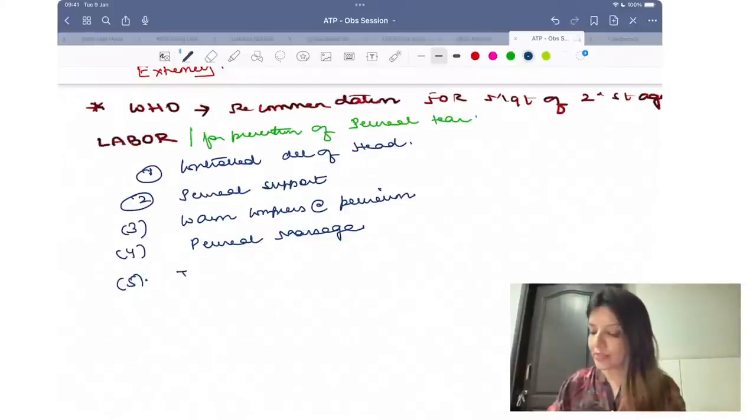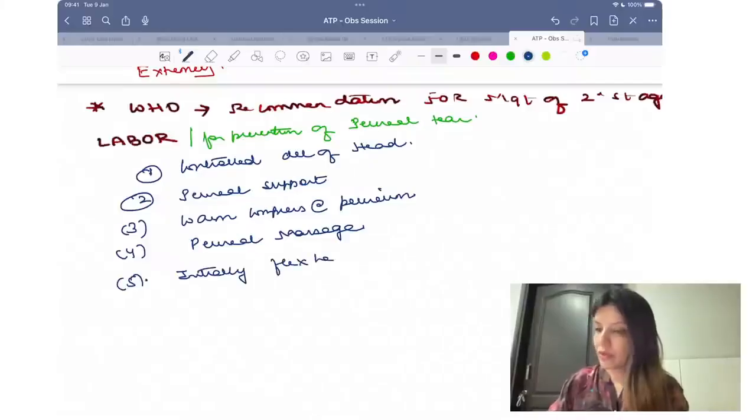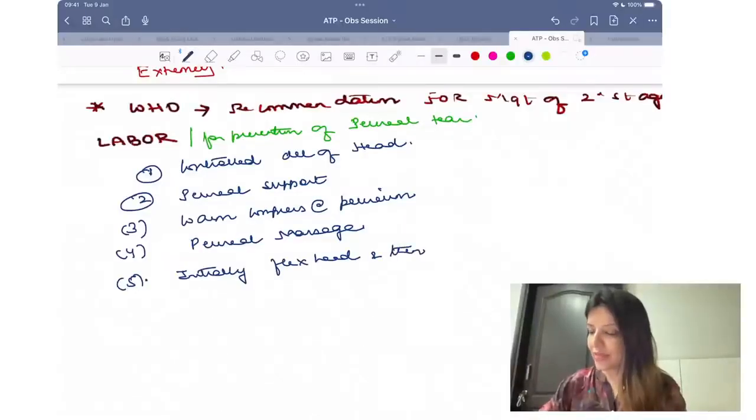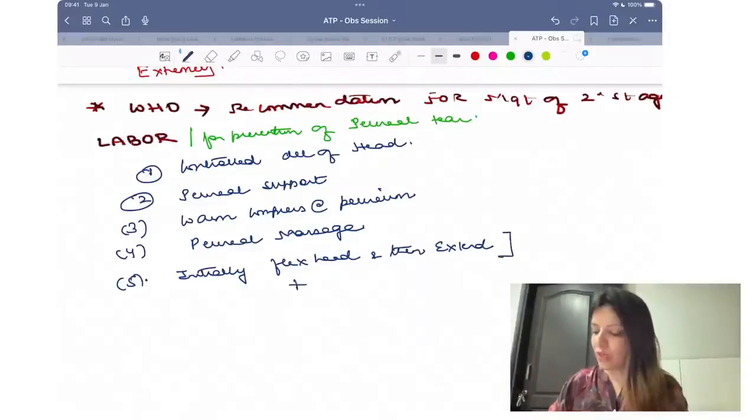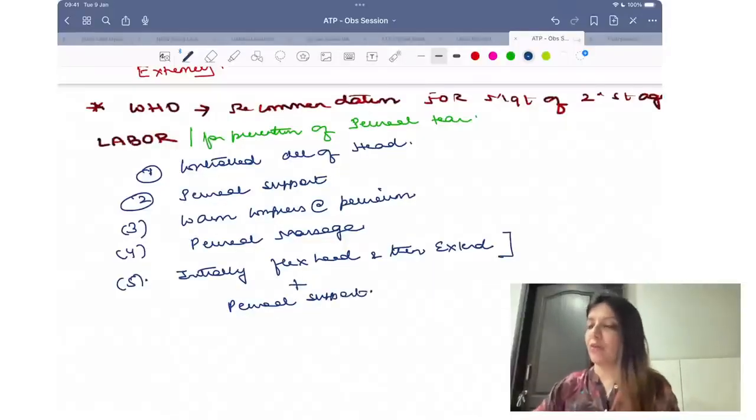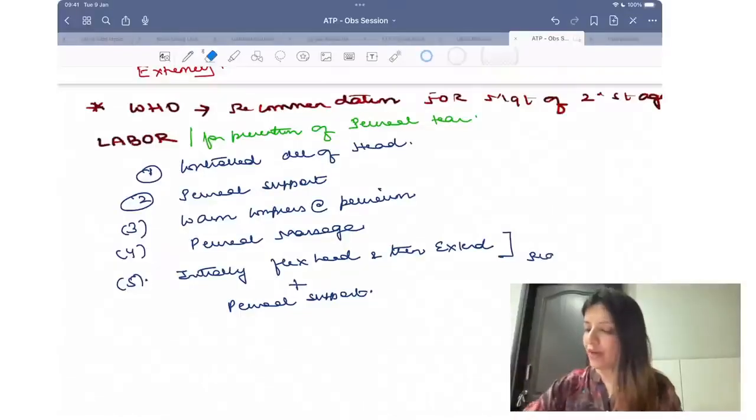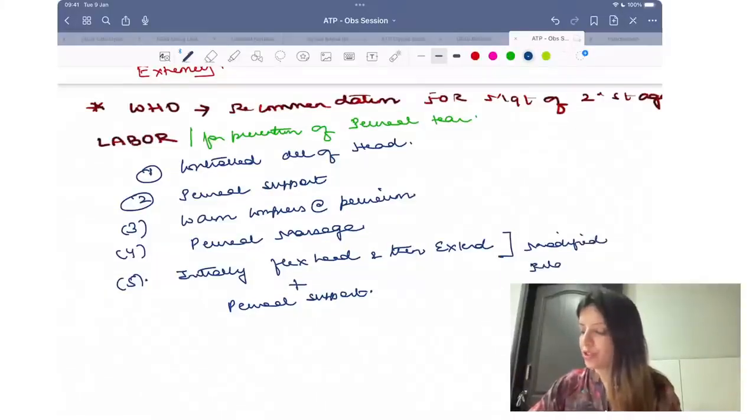Initially you have to flex the head and then extend, plus you have to give perineal support. This is called the Ritgen maneuver. Very good. It is called the modified Ritgen maneuver.